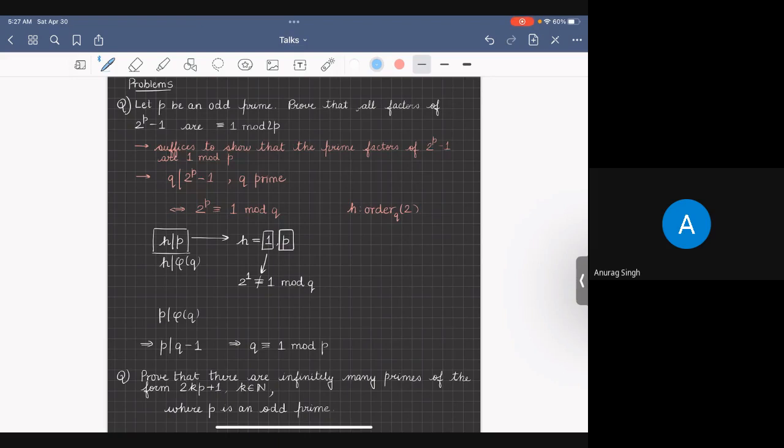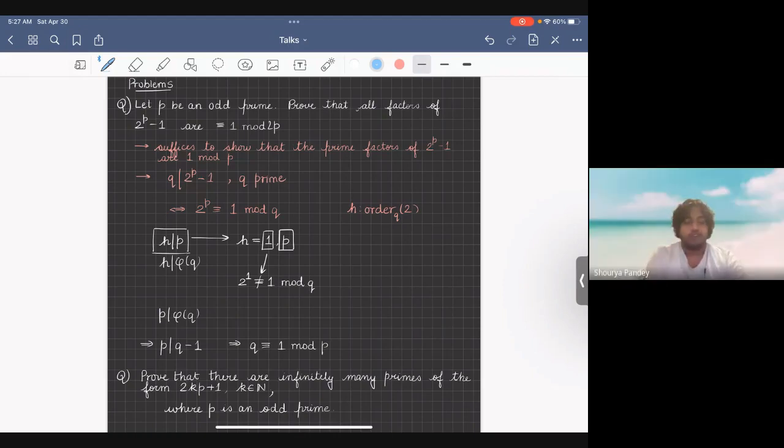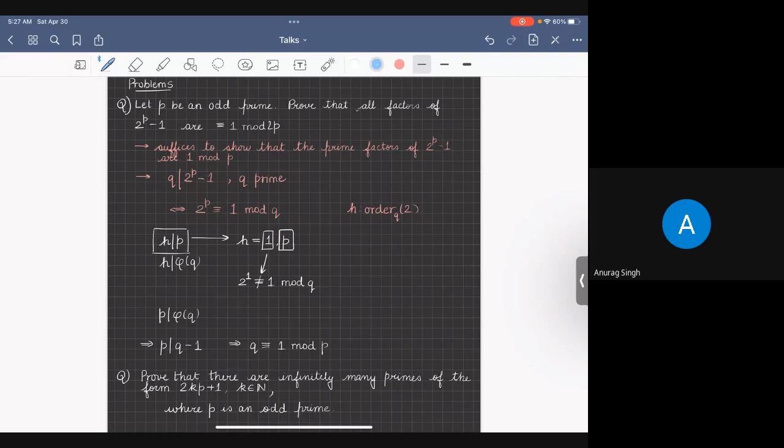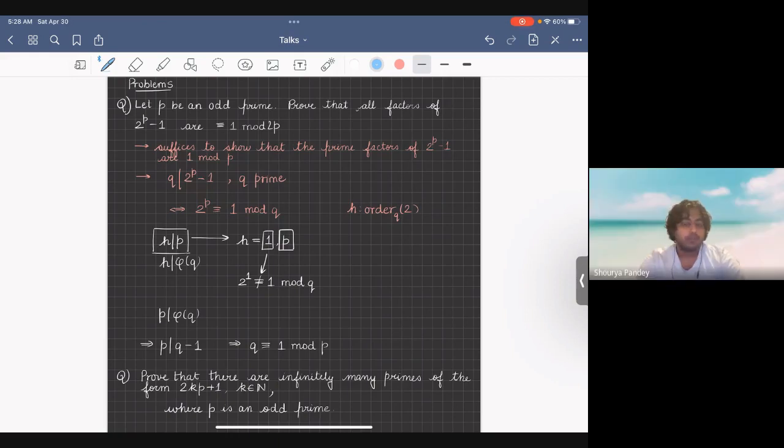We have the product of such n primes equal to some large m. So we can put 2 to the m minus 1 in mod 2p. What did you do after that?